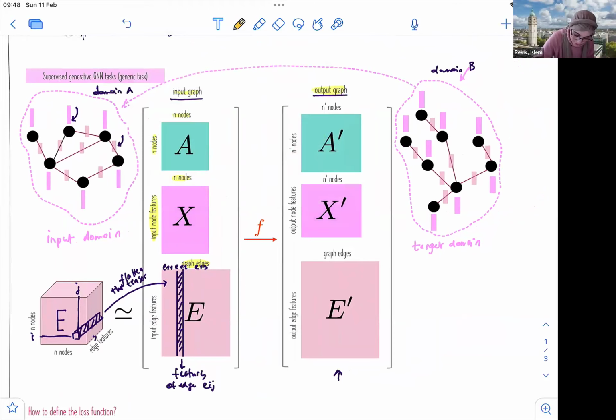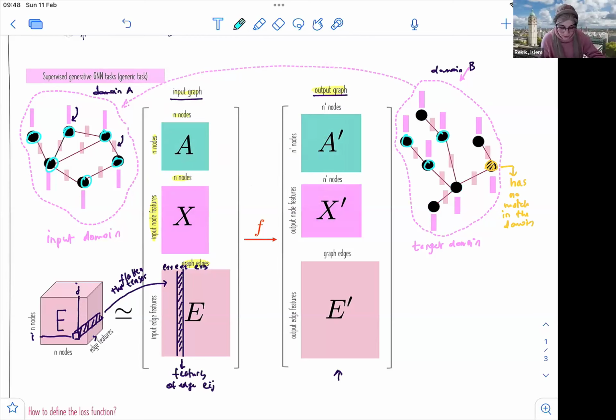Maybe here I have a yellow node or an orange node, and this node has no match in the source domain. So basically, we may have completely unmatched graphs. We may also have graphs that grow, which means all these nodes will exist in the target domain, and I'm just growing my graph. Something like that.